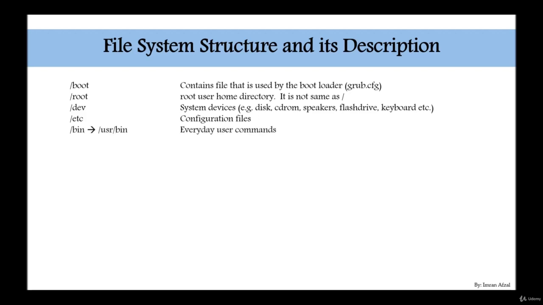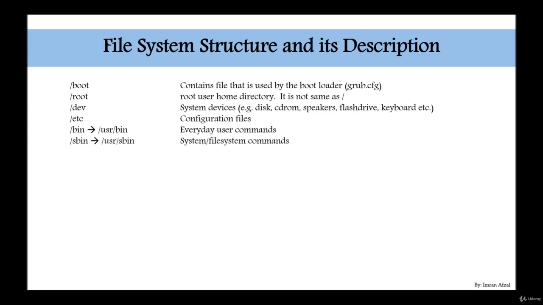Then we have /bin. In newer versions, /bin has been changed to /usr/bin. It is a link to /usr/bin, and it is the directory where we have the commands used by everyday users, like ls and pwd. All of them are in the /usr/bin directory.